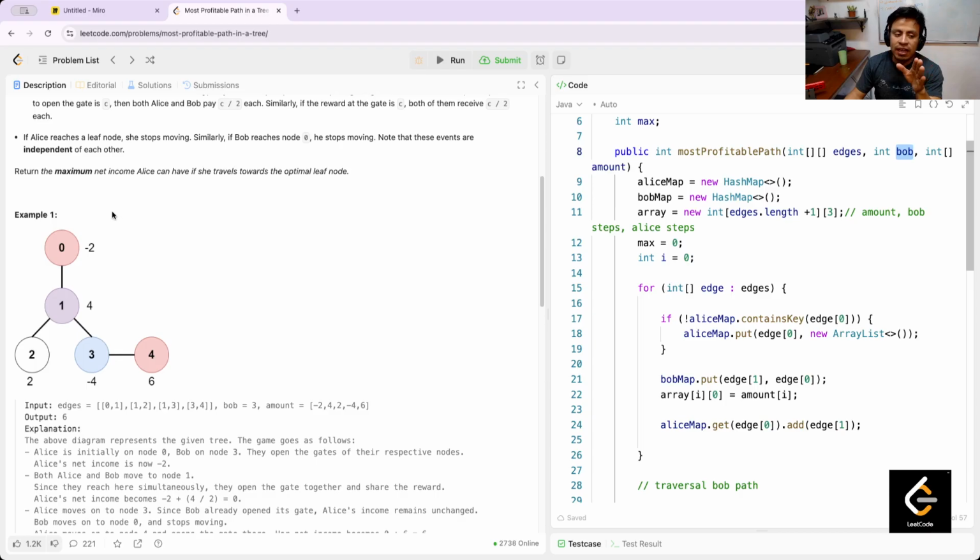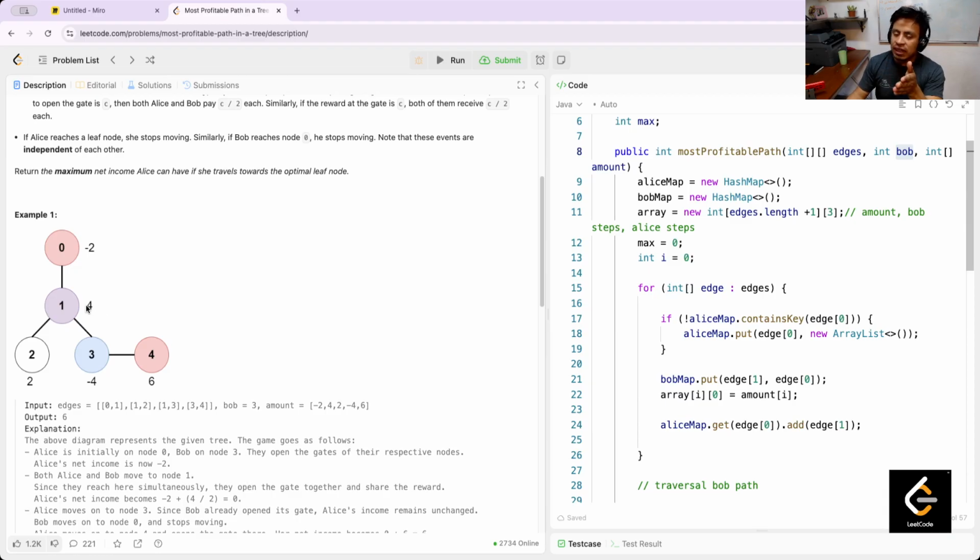And now the idea is to discover the max profit or the max amount that Alice can reach if she reaches the leaves. For example, in this case, a negative value represents the amount that Alice or Bob need to pay to cross, and where it is positive, basically it is profit.